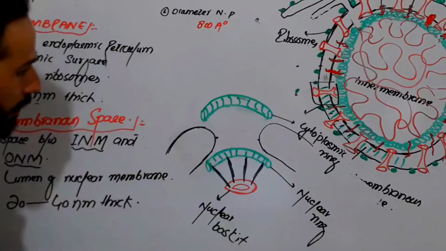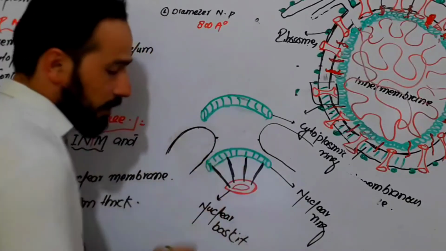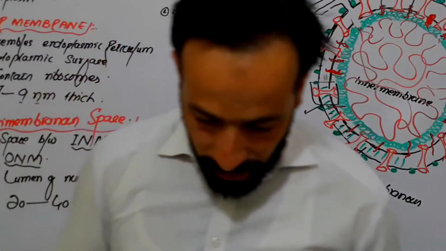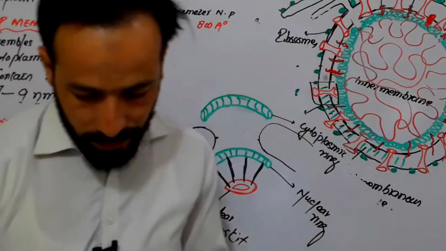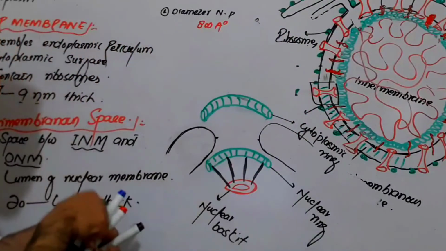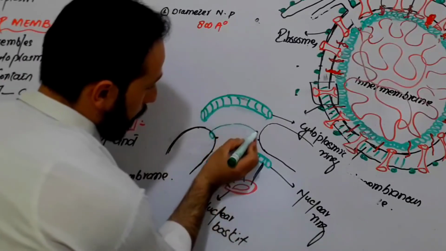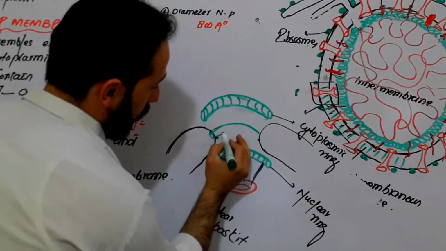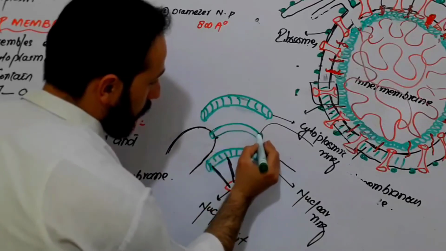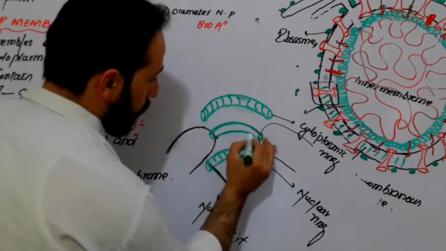Then there is another ring, and that ring is called the intermediate ring. Here we have another small ring. This ring is also made up of special types of proteins.